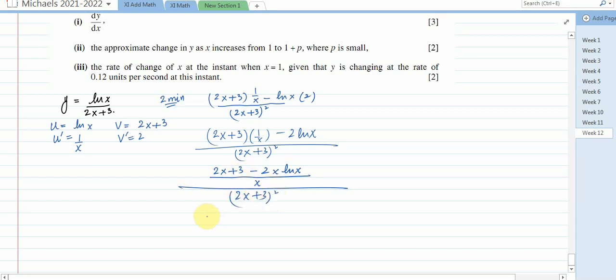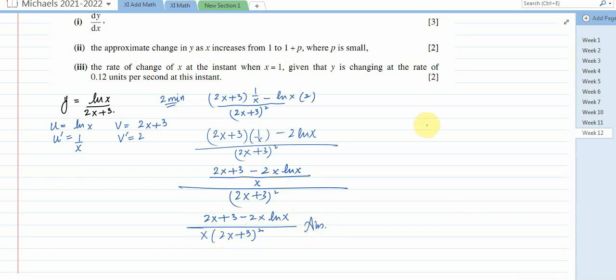So now it will be 2x plus 3 minus 2x ln x divided by x times 2x plus 3 whole square, and that is your answer. That is the quotient rule differentiation we have.